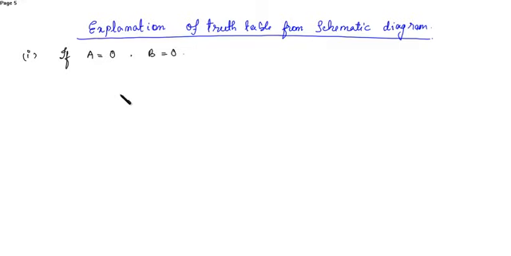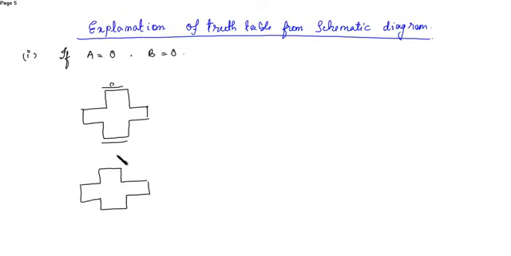Now when A is 0 and B is 0, then from our schematic diagram, this is the final output Y. This is the input A. This is the input A bar.